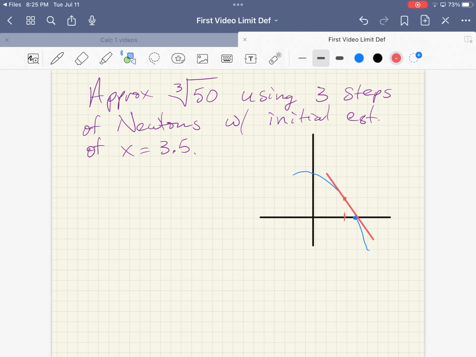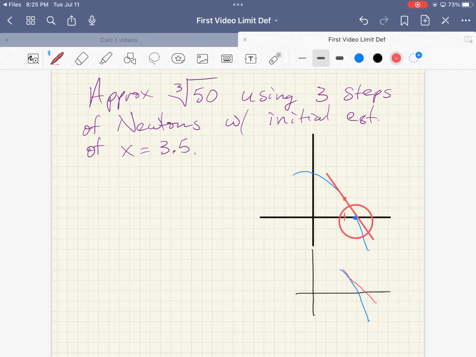And then what I do is I zoom in on this right here. If I zoom in on that, it'll look something like this, where that crosses and then this crosses.